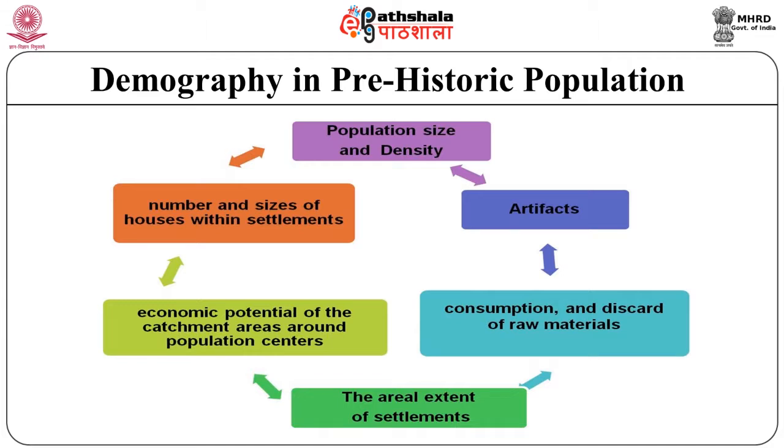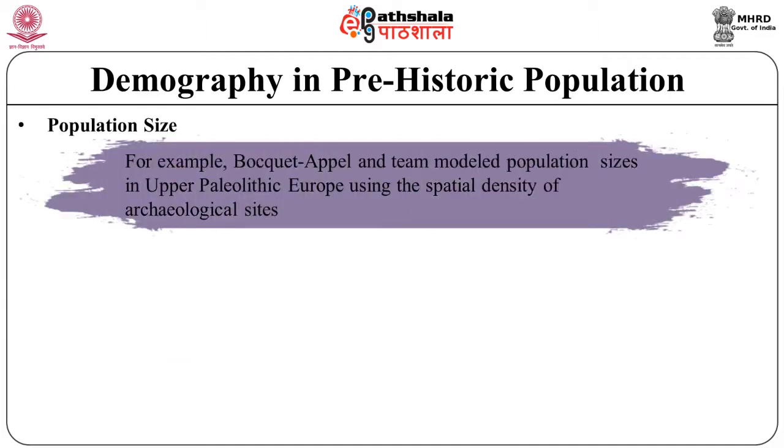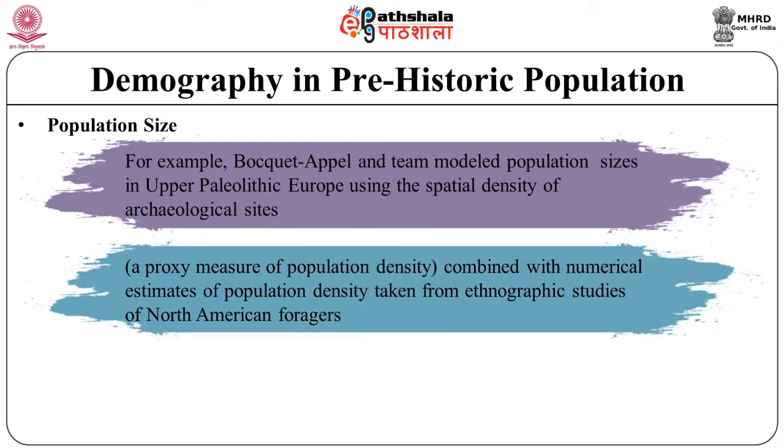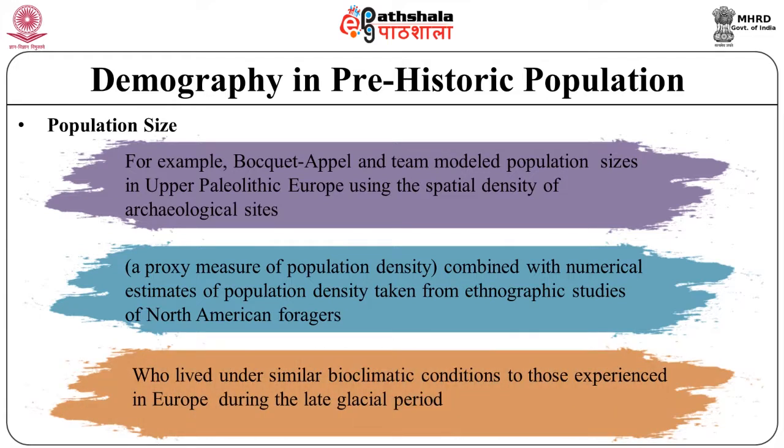population size and density. For example, Beckett, Appel, and team modeled population sizes in Upper Paleolithic Europe using the spatial density of archaeological sites, a proxy measure of population density, combined with numerical estimates of population density taken from ethnographic studies of North American foragers who lived under similar bioclimatic conditions to those experienced in Europe during the late glacial period.